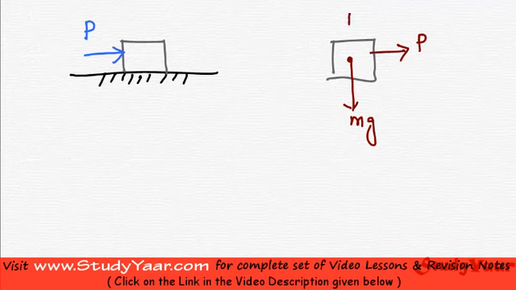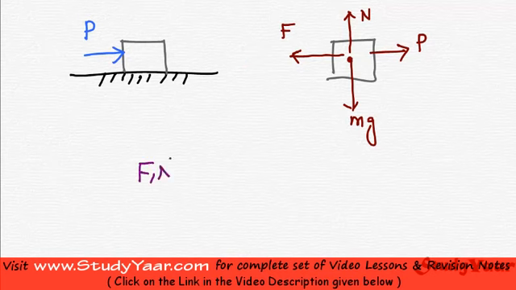Let us call this component N, which is the normal component of the reaction, and let us call this component F. What are F and N?